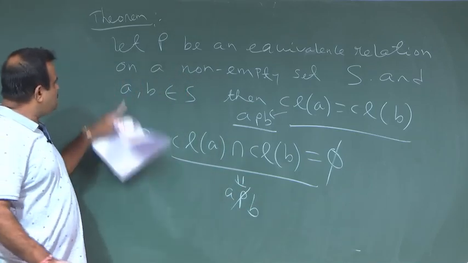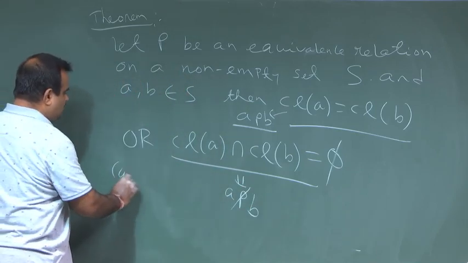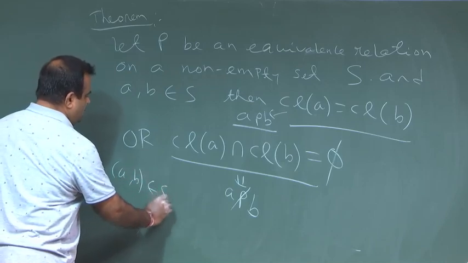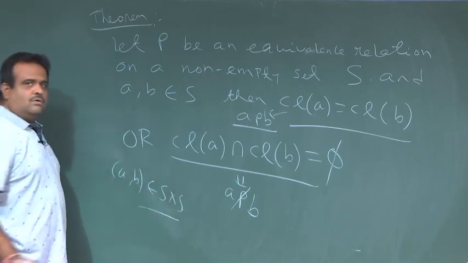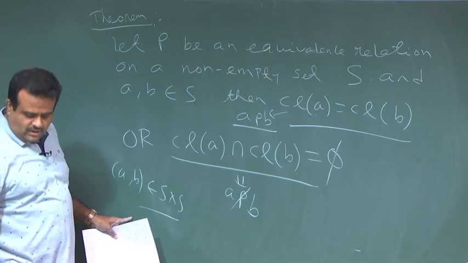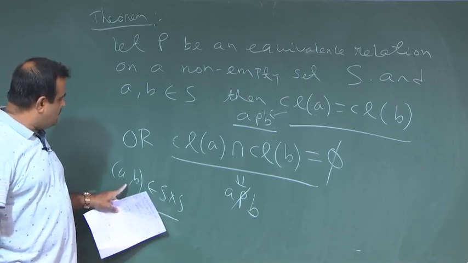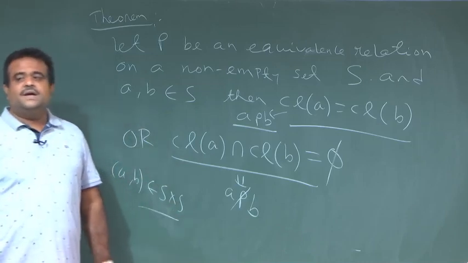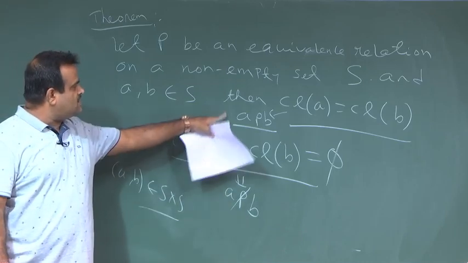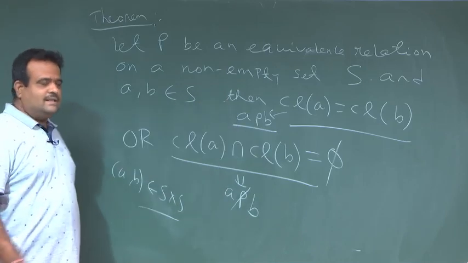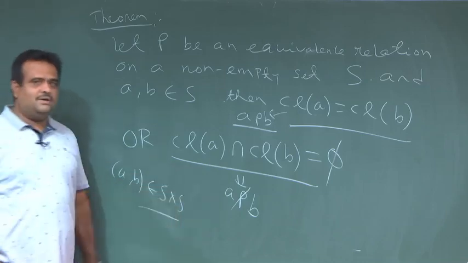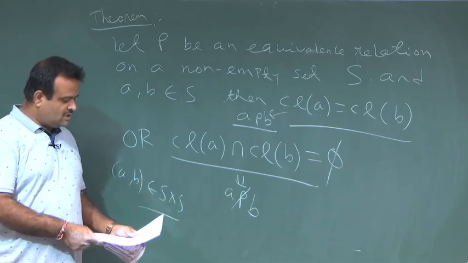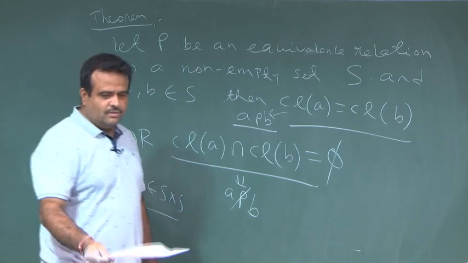So, if A, B are any two elements, then (A, B) belongs to the Cartesian product. Now, rho is a subset of the Cartesian product. So there are two possibilities: either it belongs to rho or it does not belong to rho. If it belongs to rho, then this case, and if it is not in rho, then this case. So just now we have proved this theorem.